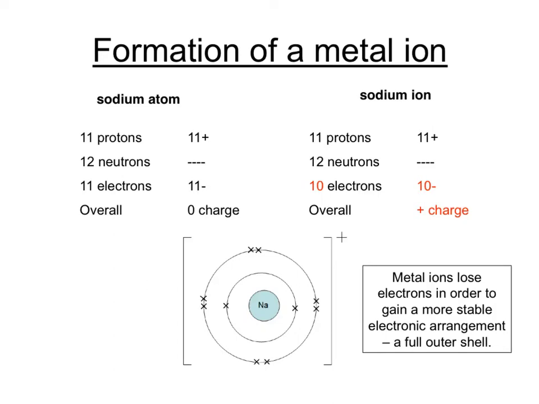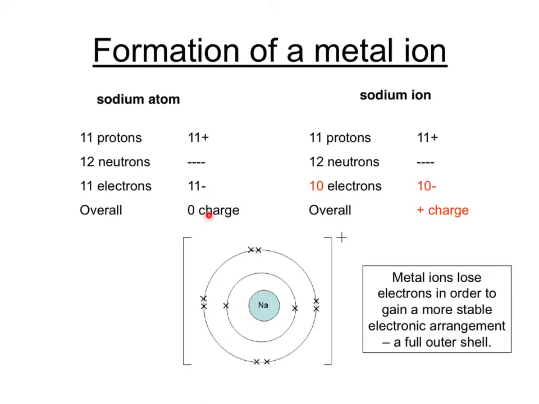Why has it changed its name to an ion? Well, ions are charged atoms. Originally, the sodium atom had 11 protons and 11 electrons. In other words, 11 plus charges and 11 minus charges. Remember, neutrons have got no charge at all. So it had the same number of plus charges as minus charges, and when you add these up, the sodium atom had no charge.